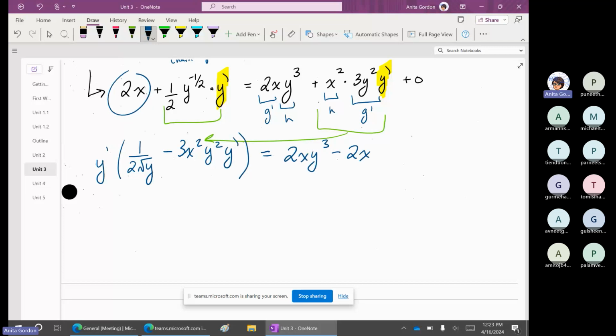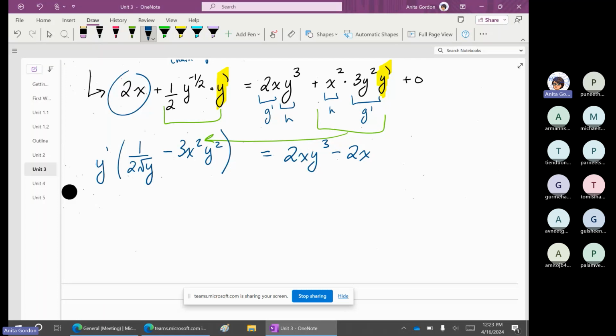Are we comfortable there? I'm trying to go slow here. Yes. Oh, yes, thank you. No y prime in this bracket. Thank you, yes, because I factored it out. Good. Okay, are we happy now? Good.